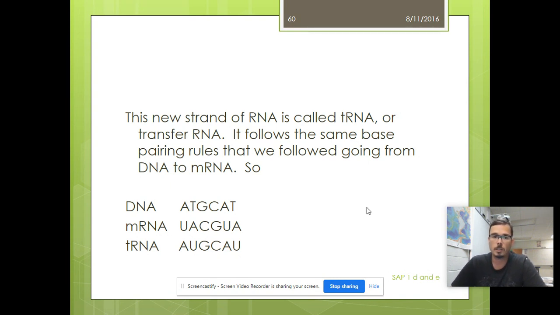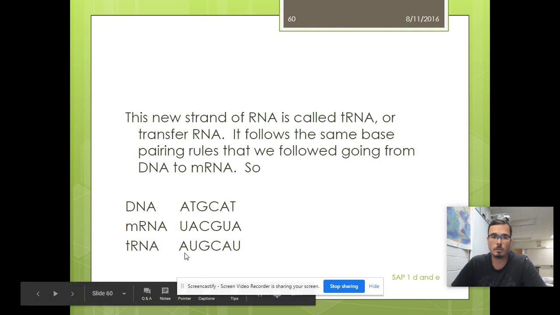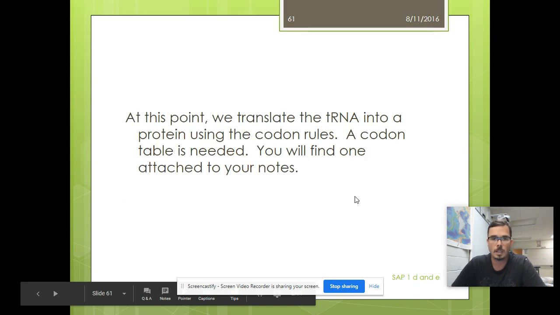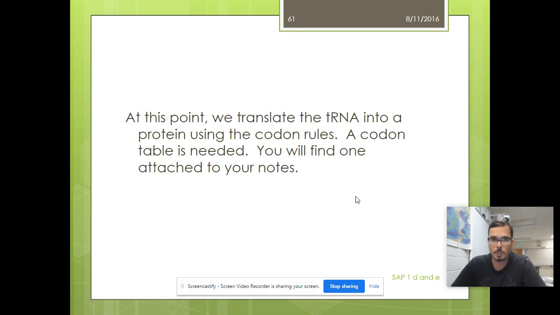So here U will go back to an A, A goes to U, C goes to G, G goes to C, U goes to A, and A goes to U in the tRNA strand. At this point, we translate the tRNA into a protein using the codon rules. A codon table is needed, so you'll find one attached to your notes, or you can find one by searching the web.